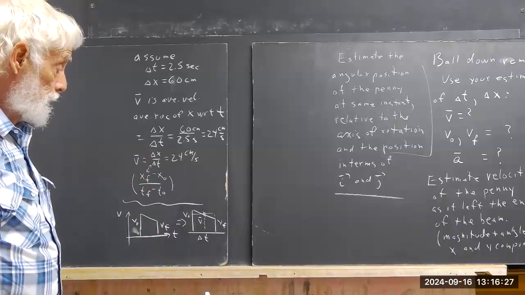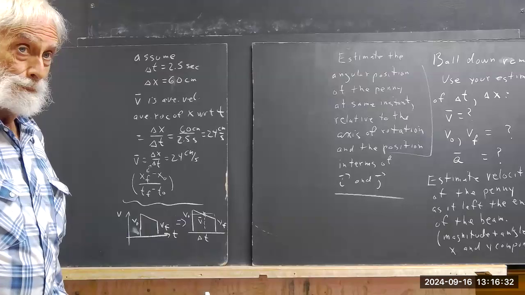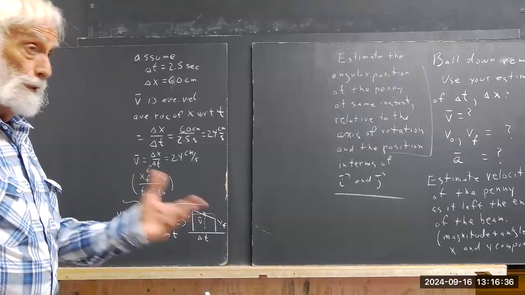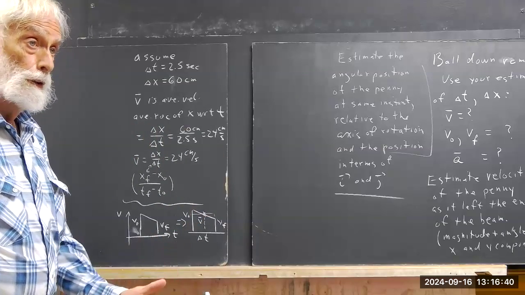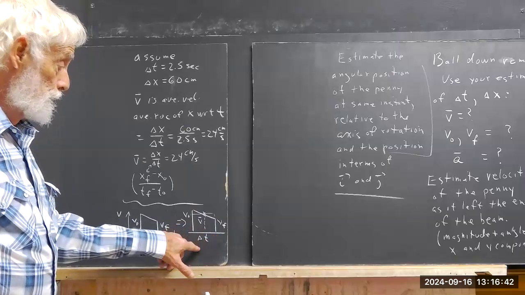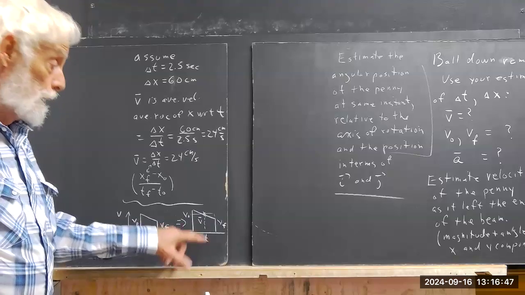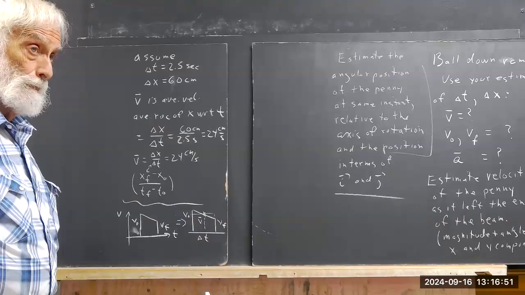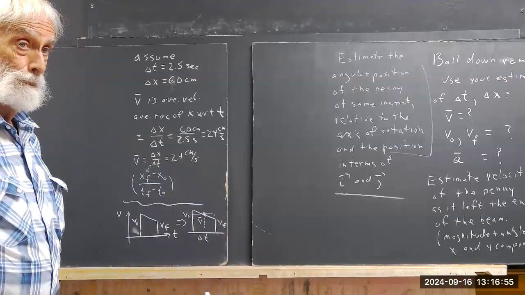The area under the rectangle is the average velocity times delta T. That's by the definition of average integrated. The area under the curve divided by the length of the interval, which in this case is delta T, is the average value of whatever it is that you're measuring in this direction, if the graph of that thing is a straight line.